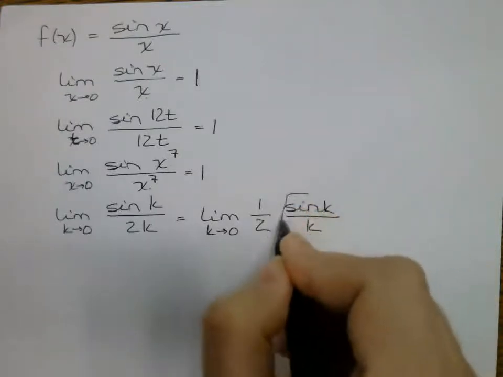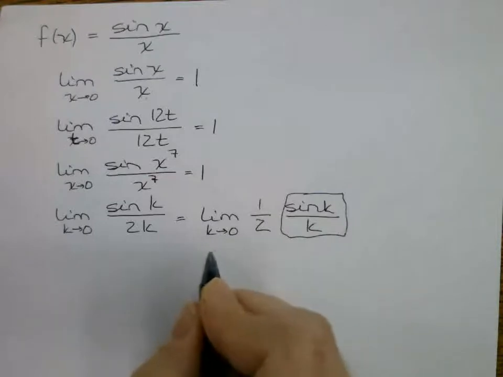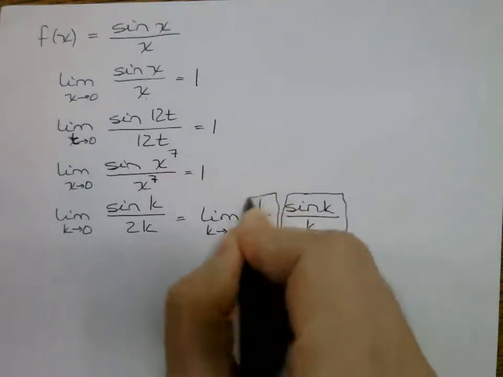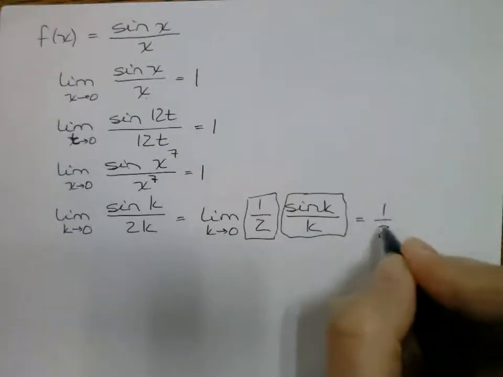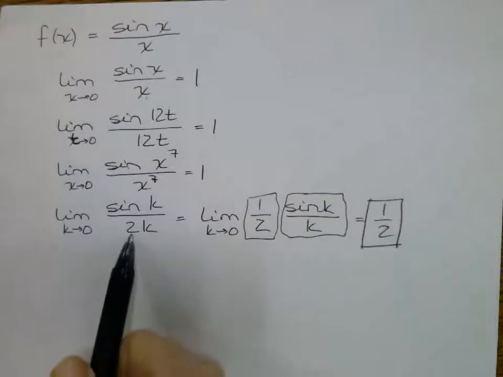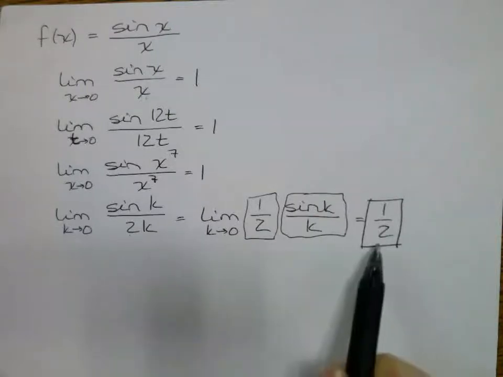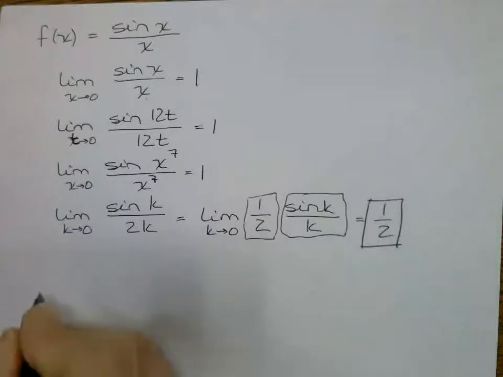But I know that this limit is 1. That's a constant, so its limit is itself. So this limit is 1/2 times the limit 1, which is 1/2. Coincidence? I don't think so. We had a 2 down here, and now instead of the limit being 1, it's 1/2.